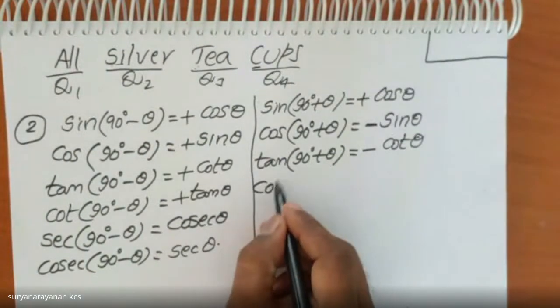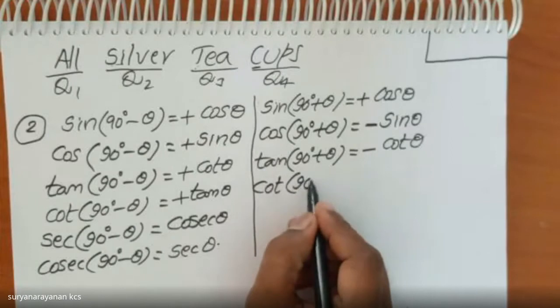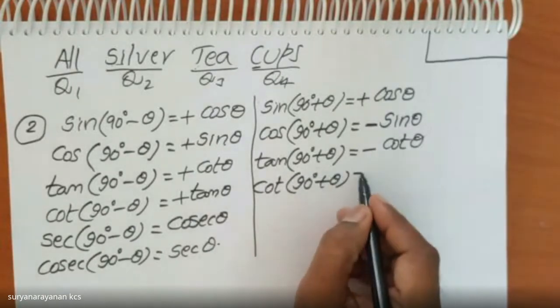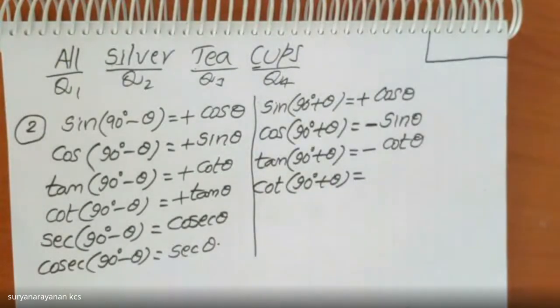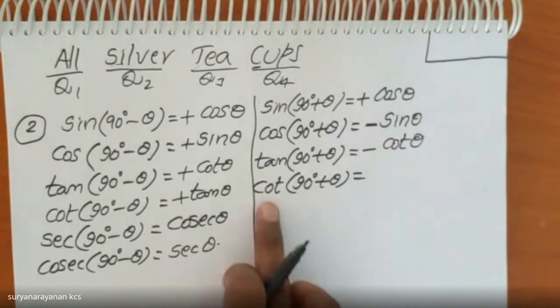Okay. Similarly, cot 90 degrees plus theta. Can you tell me, Ria?